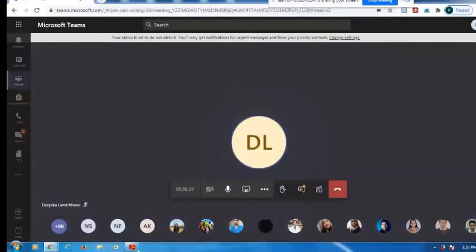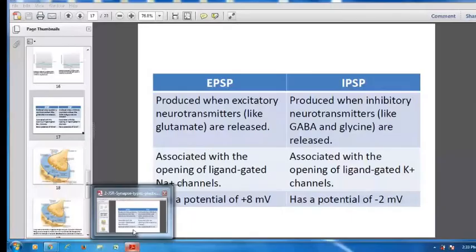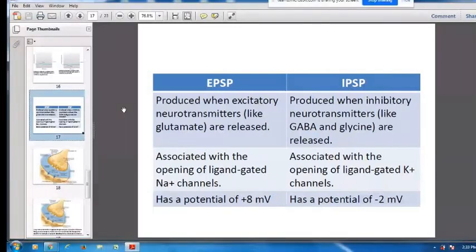Now is it presented? EPSP and IPSP? Okay. We need to study this again. It is your first year course, okay? We have to know this. Why? Because EPSP is produced when excitatory neurotransmitters like glutamate are released. We have already studied synaptic plasticity, isn't it? What was the neurotransmitter involved?